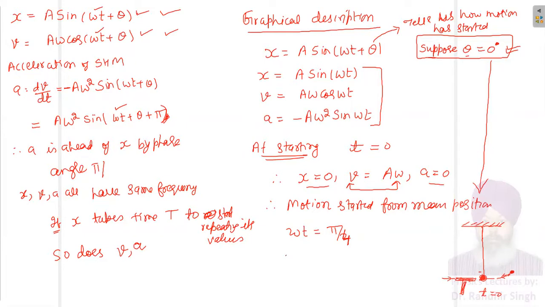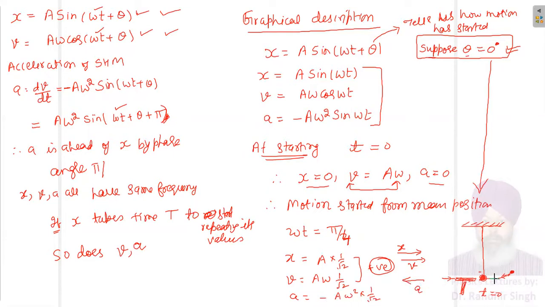Then you will see x will be equal to a into 1 by root 2 and v will be equal to a omega into 1 by root 2 and a will be equal to minus a omega square into 1 by root 2. So both of these are positive. It means x is directed toward right side, v is directed toward right side, but a is directed toward left side because a is negative.